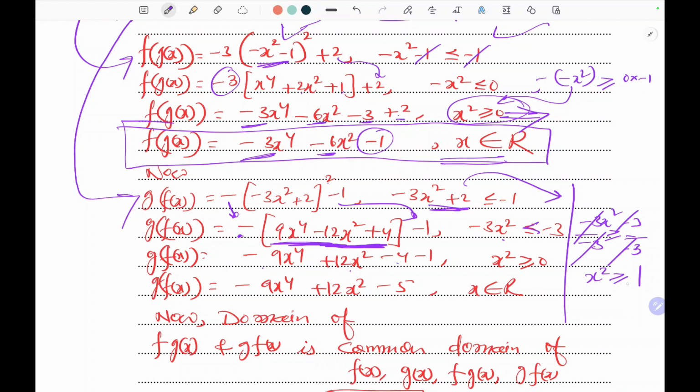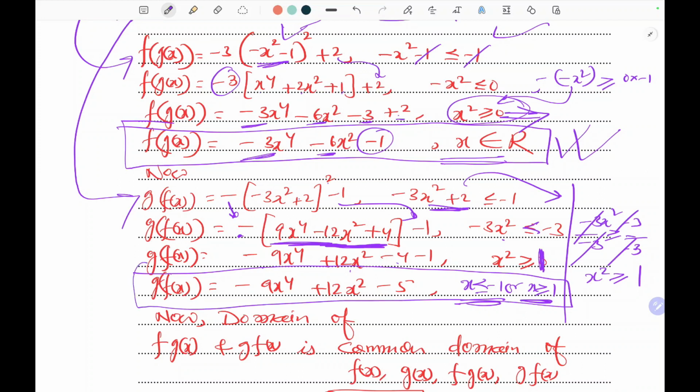So when x squared is greater than or equal to 1, then guys, x is either less than minus 1 or x greater than or equal to 1. So over here the domain of f of g(x) was all real numbers, but here the domain is x squared greater than or equal to 1. Domain is either x less than minus 1 or x greater than 1. Okay, so here I got g of f(x).